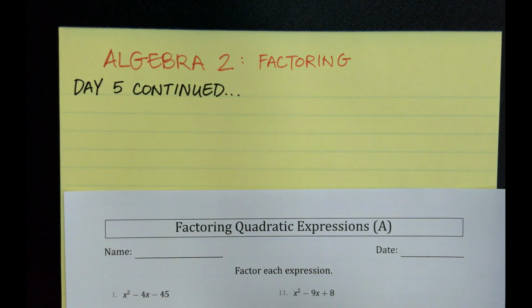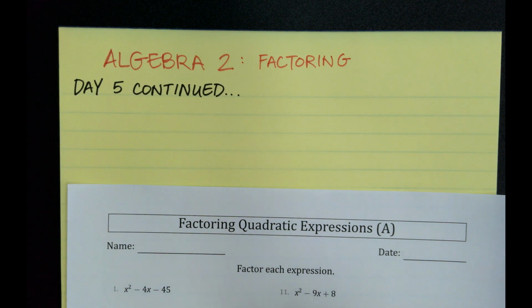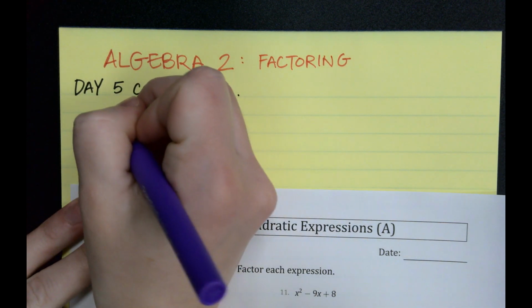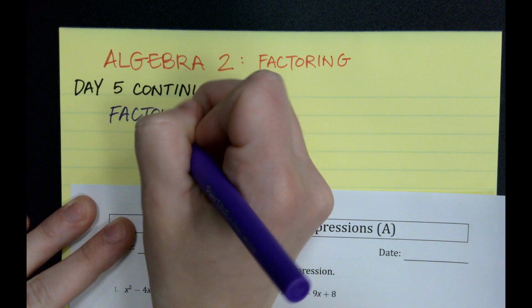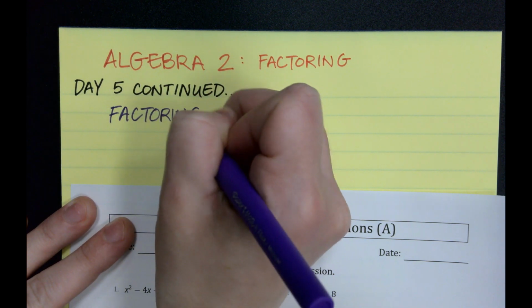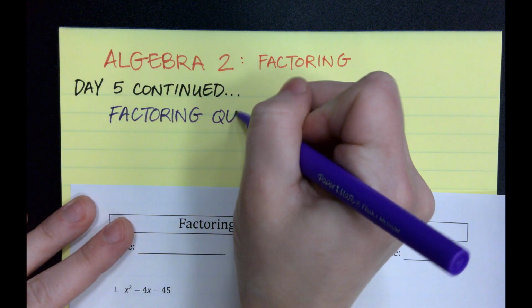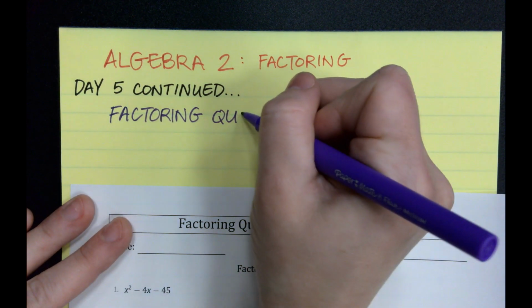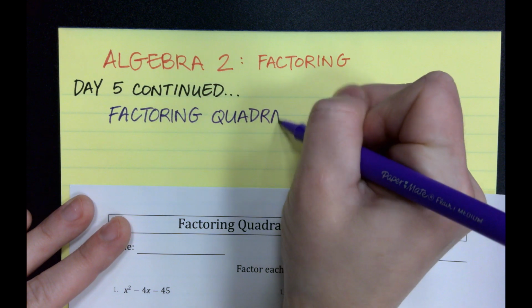I'm going to write factoring quadratic expressions. A lot of writing. You guys don't have to write this if you don't want to, but I'm doing it for my own peace of mind.